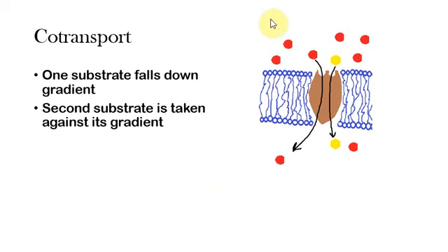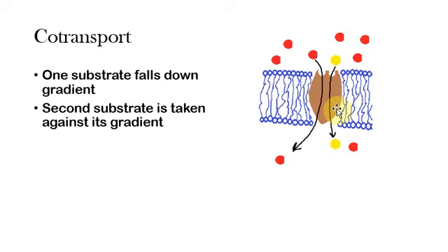So you can kind of see in this picture, there's a very large concentration gradient of this red circular substance, and so the cotransport will allow it to travel with its concentration gradient, which is a very strong force pulling that, and this other yellow hexagon-shaped substance will be taken slightly against this gradient, but not very much.